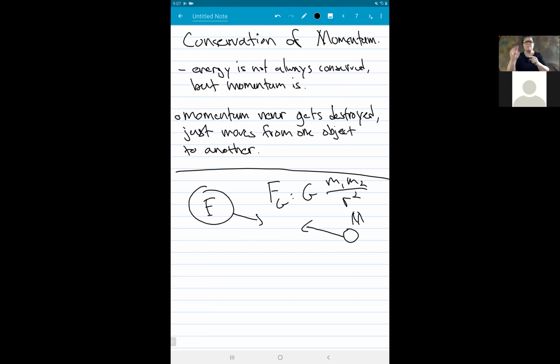That force is actually experienced by both the Earth and the Moon. There cannot be a greater force on one than the other, because they're basically just pulling on each other, right? So it's like a tug of war. If I'm pulling on a rope and someone's pulling on the other side, we're both experiencing the same amount of force. So that's just another example of that.